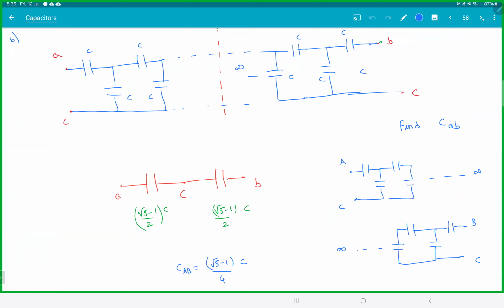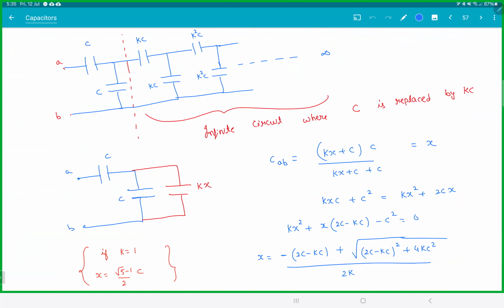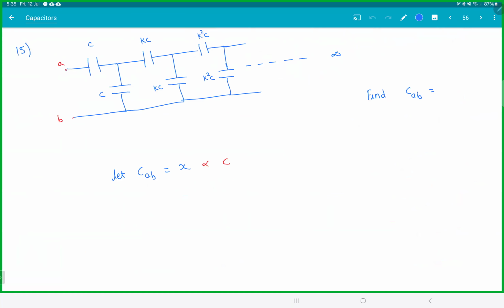So last thing, this is what we're doing. Infinite branch. Okay, next thing.